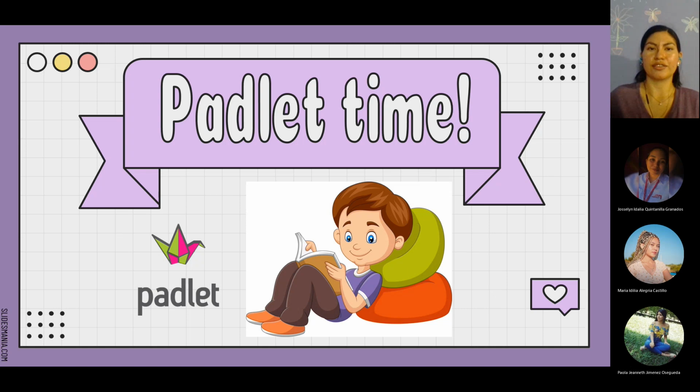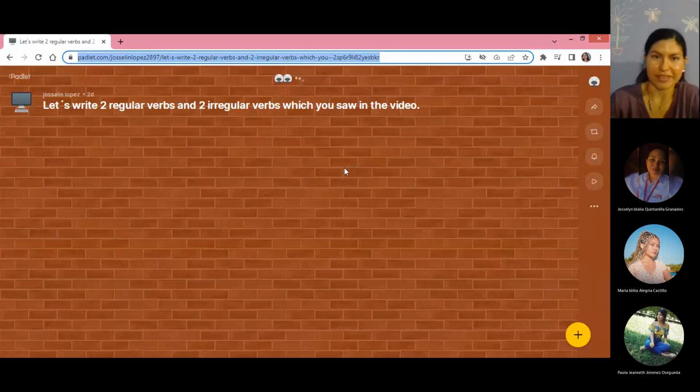Think about it. 2 regular verbs and 2 irregular verbs. I'm going to share my screen to see if you are doing it, because participation in this class is so important. Excellent. Someone is writing.